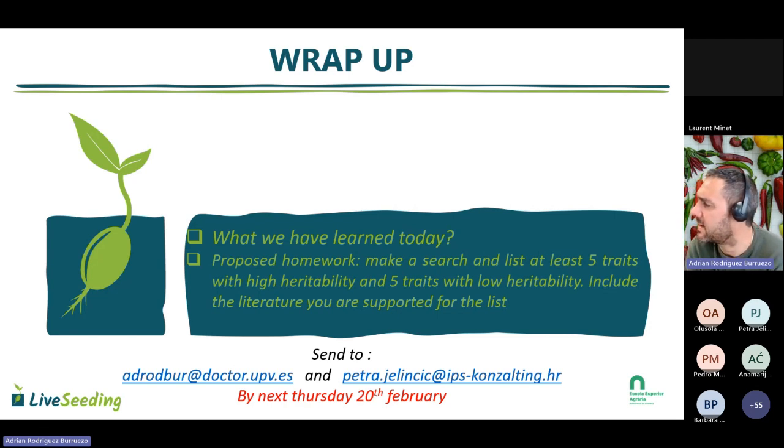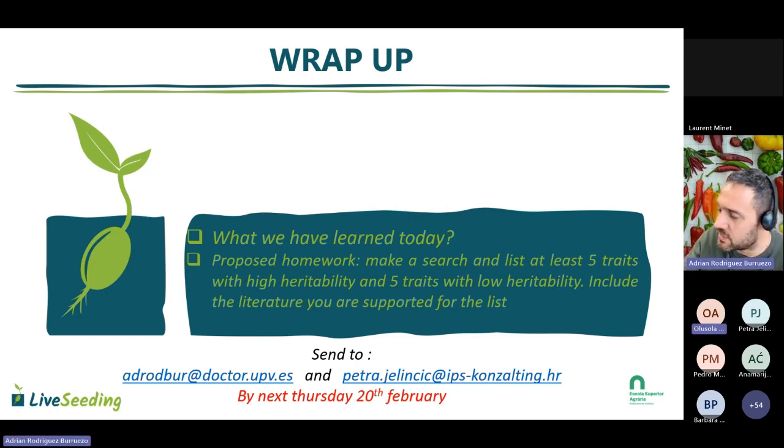Just make a search. Choose a crop species or a vegetable, and revise in the literature at least 5 traits with high heritability and 5 traits with low heritability of this crop species or vegetable.